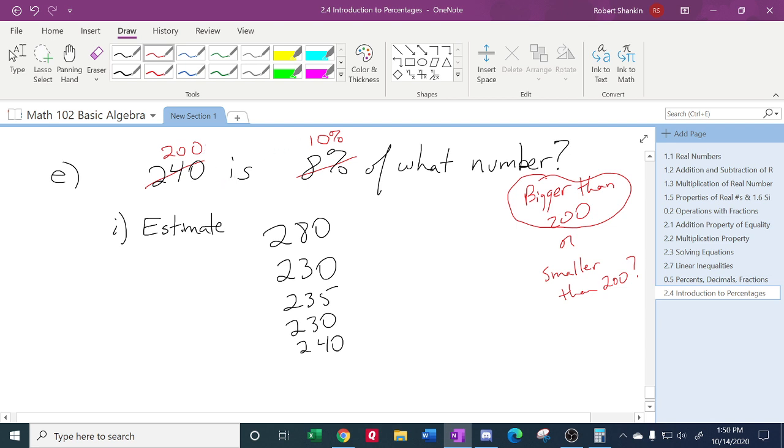200 is 10% of. Now, when you take 10% of something, you're only taking 1/10 of it. Imagine this was money, and it was $200, and you were dividing this money equally.